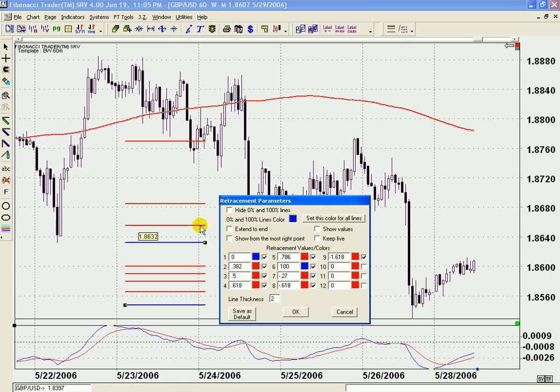For the extensions, we have to trick the software, and we put in minus 0.27 because it is not a retracement level, it's actually an extension. So we are on the opposite side of the retracement. This is the 127% extension, and we put minus 0.618, which gives us the 162% extension, and minus 1.618, which gives us the 262% extension.